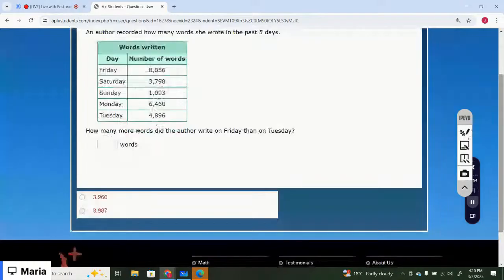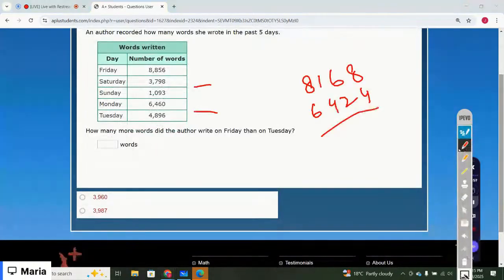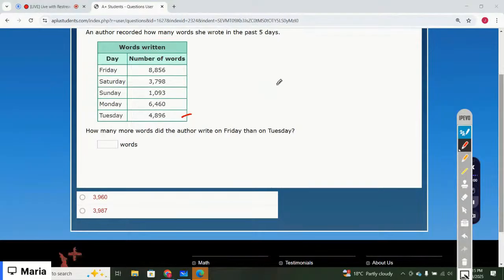How much more on Friday than on Tuesday? On Tuesday there are 4896, on Friday 8856. So 8856 minus 4896.